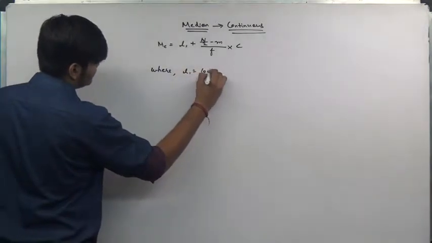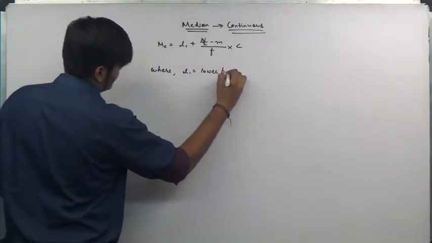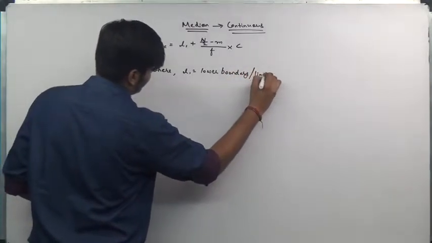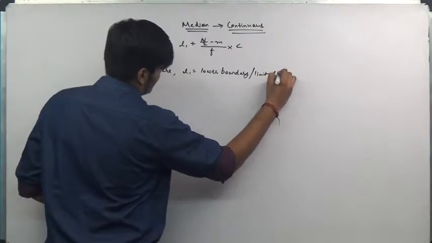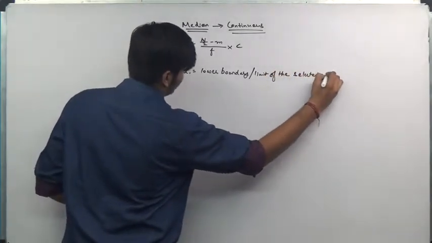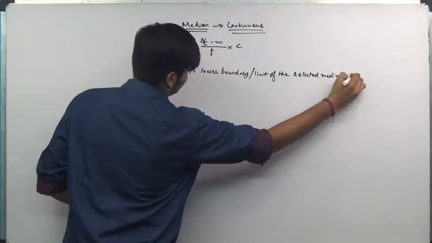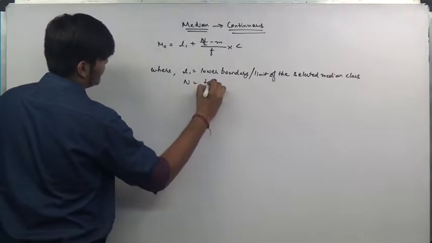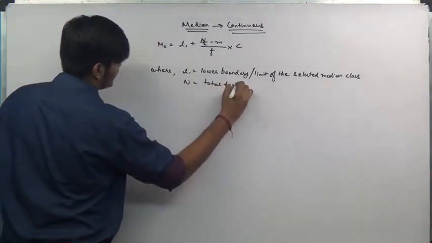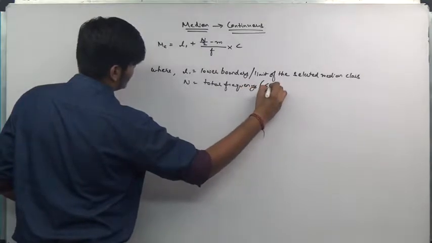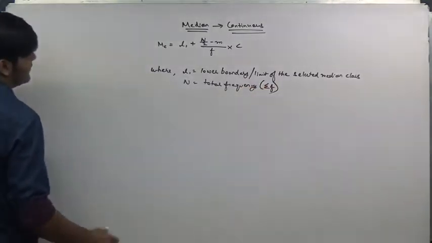is equal to lower boundary or limit of the selected median class. Capital N is equal to total frequency, as always, as in median also, which is denoted by summation f.